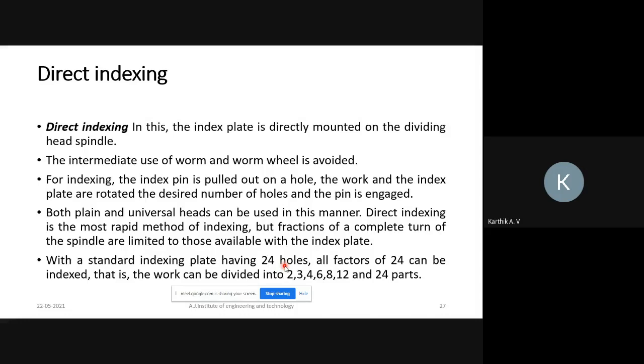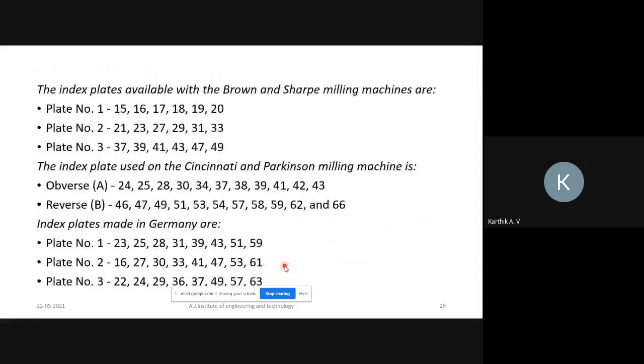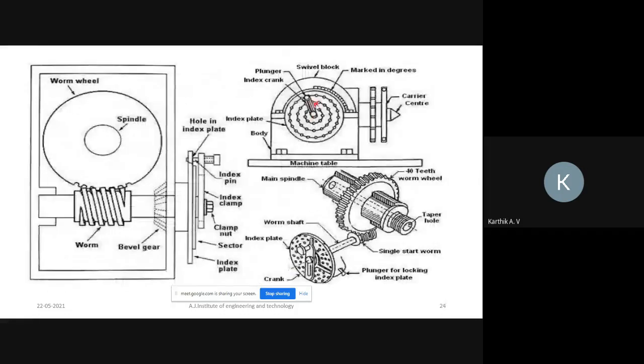Understood? So here, consider this circle is having 24 holes. Suppose you want to create two divisions.